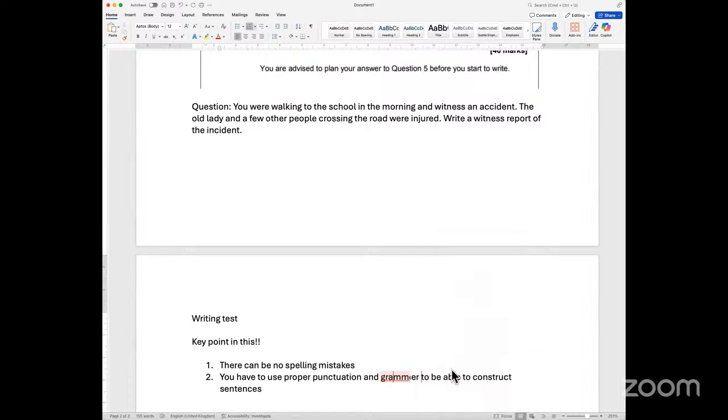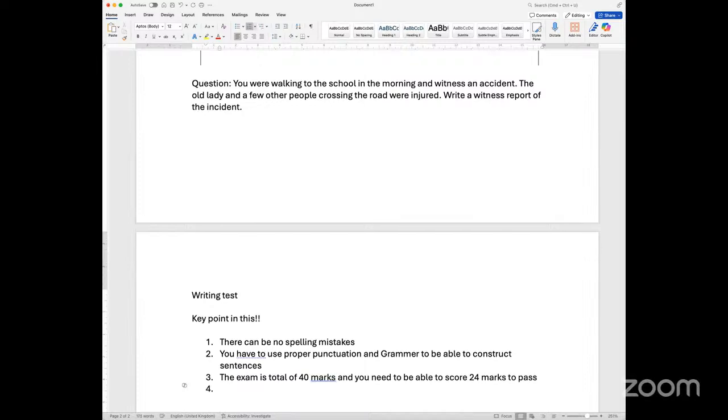This is more important because it's a writing exam, and you're going to be marked. The exam, if I put it this way, is a total of 40 marks, and you need to score 24 marks to pass. In some questions, you will have a minimum word limit prescribed for writing.